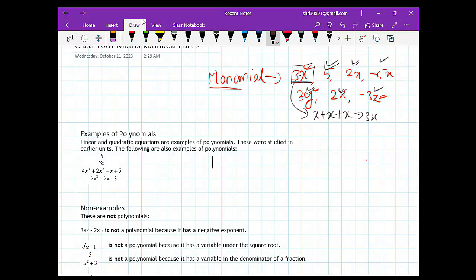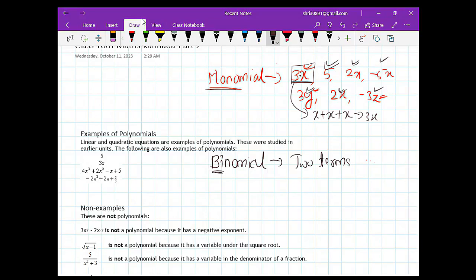Then what about binomial? See, binomial is also very simple. Mono means single, here bi means two. If we have two terms, then we call it a binomial. How do we know the two terms?